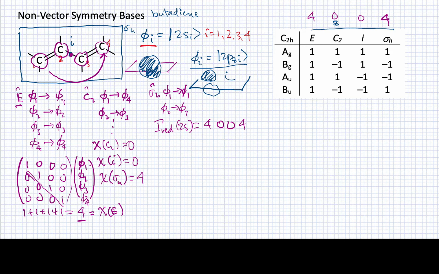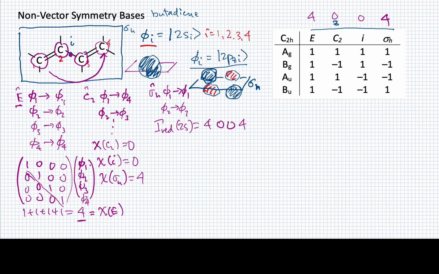What I'll get out of that reflection is that the p orbitals will reflect and change sign. So in other words, the positive part of the p orbital, which started above the plane up here, will end up below the plane here when I use the sigma h reflection.